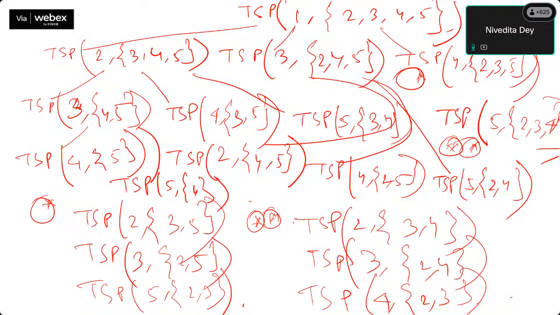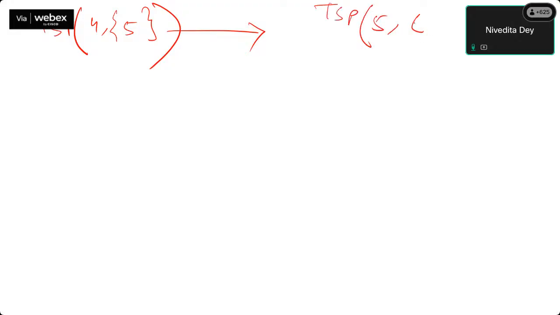Now TSP 4, 5 or 5, 4, in the next step, will be mapped to exactly one step where it will be TSP 5, comma epsilon. Why? Because right now, if 5 is taken, then in this set there will be zero elements present.